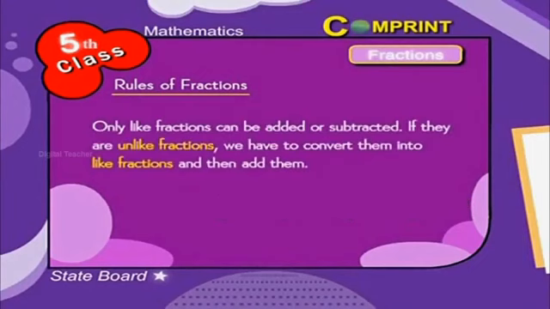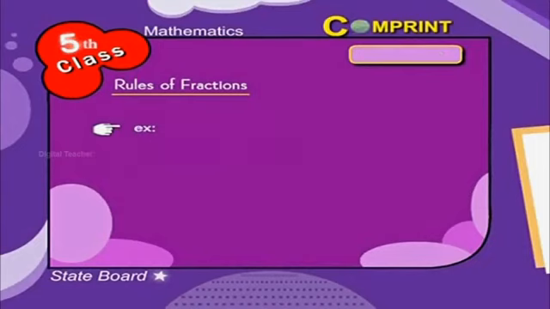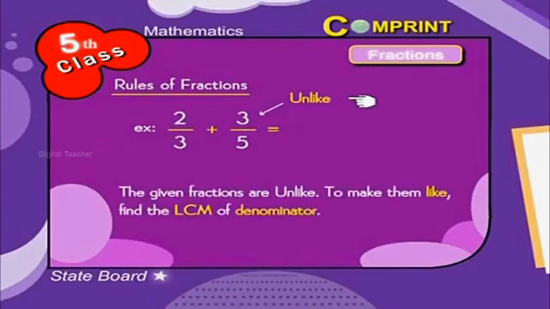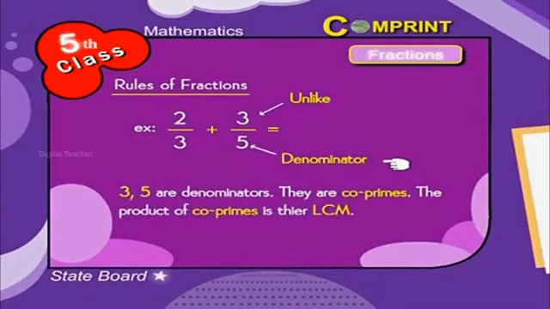Only like fractions can be added or subtracted. If they are unlike fractions, we have to convert them into like fractions and then add them. For example, 2 by 3 plus 3 by 5. The given factors are unlike. To make them like, to find the LCM of denominator. 3 and 5 are denominators. They are co-primes. The product of co-primes is their LCM.